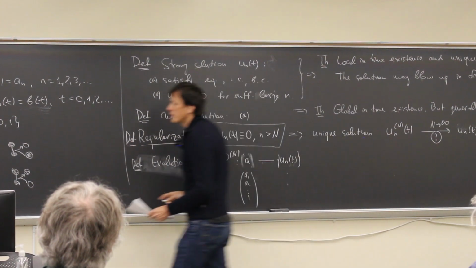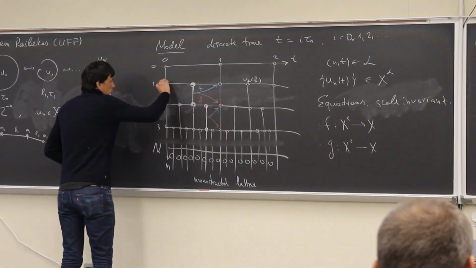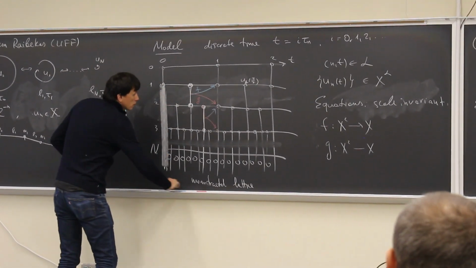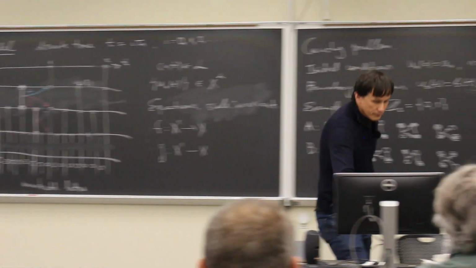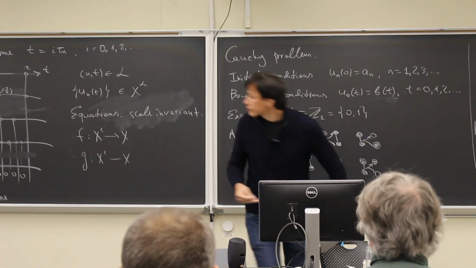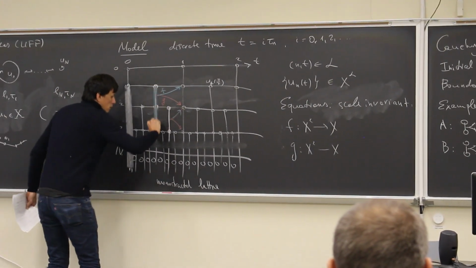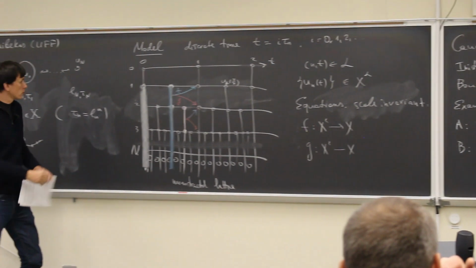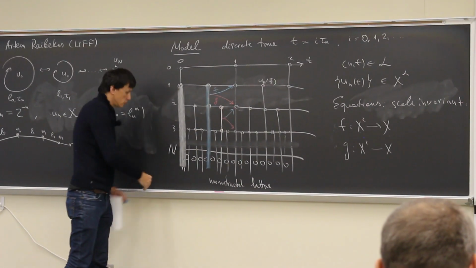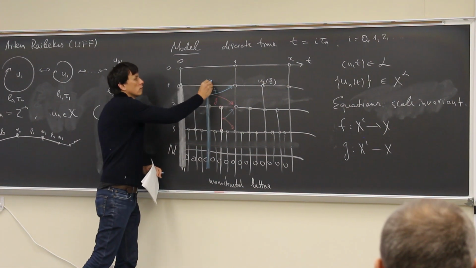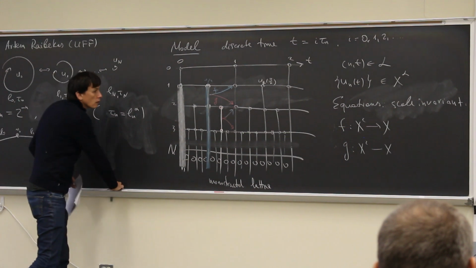So it maps what we have here to what we get there. Okay, so the solution is unique. Given any initial condition, we know what happens at 1/2. This we can do.